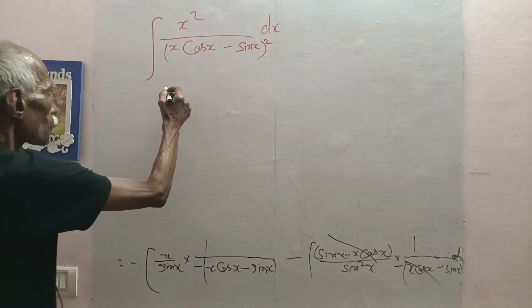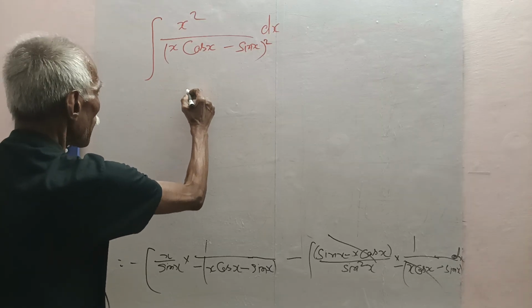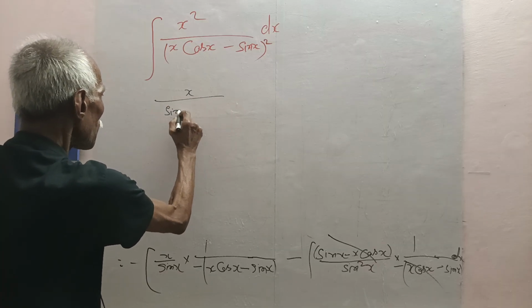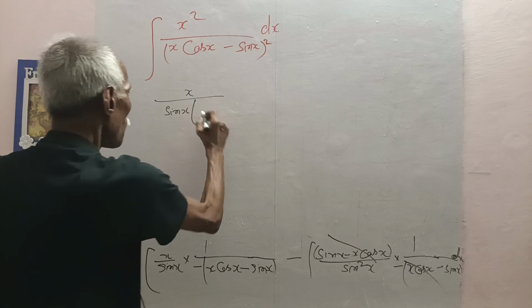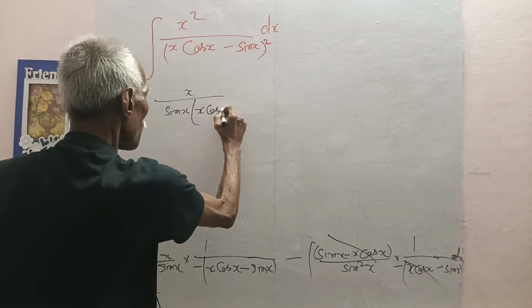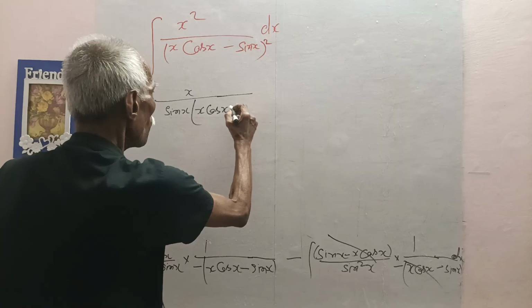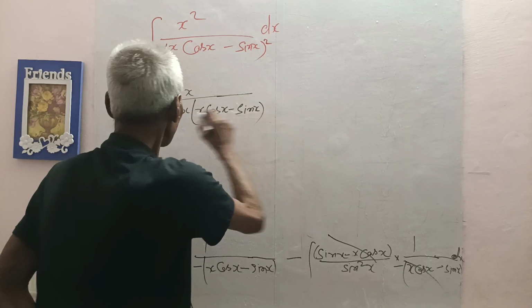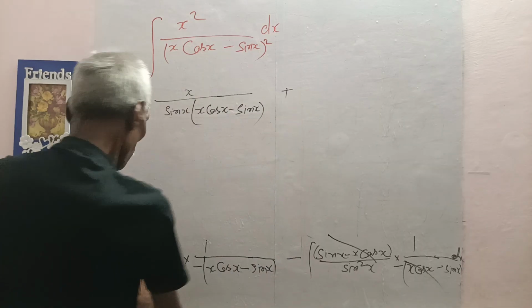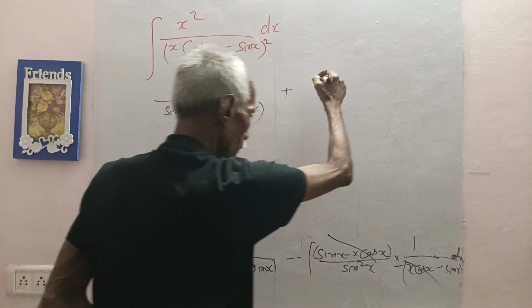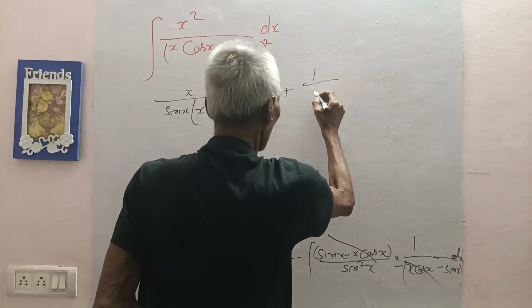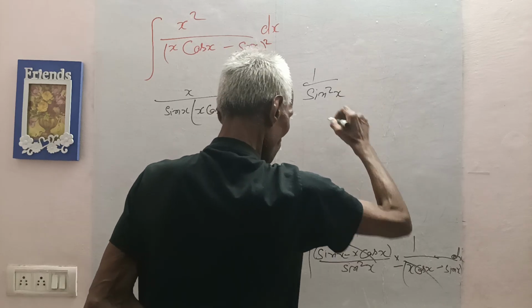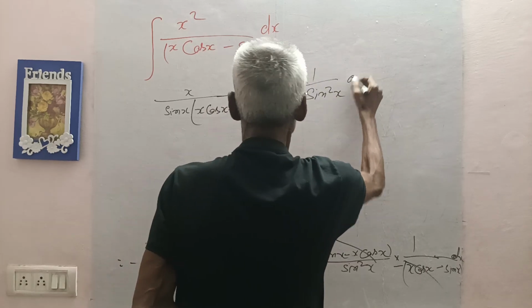So right here as x by sin x into x cos x minus sin x plus minus minus plus 1 by sin square x dx.